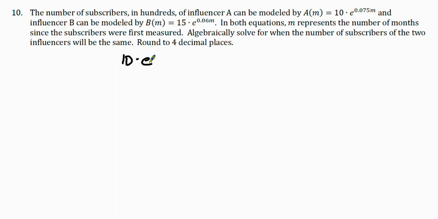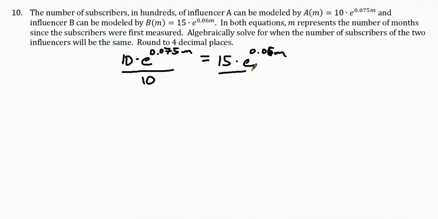So 10 times e to the 0.075 m equals 15 times e to the 0.06 m. So to solve something like this, I want to start by getting my coefficients on the same side.